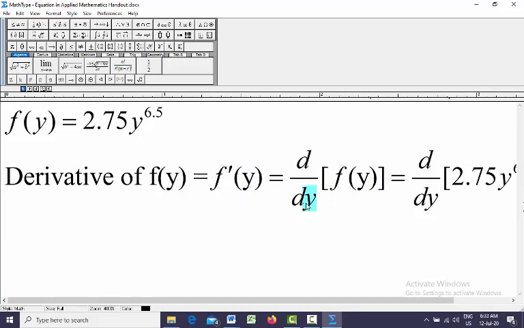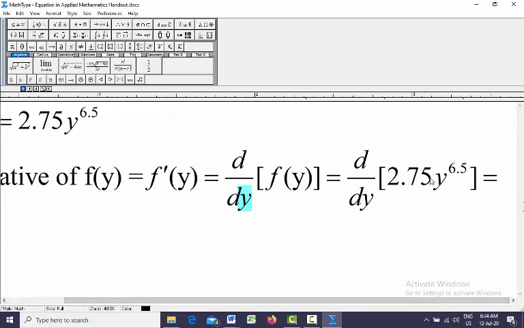So we need to do differentiation of the function with respect to y, and the function is 2.75 multiplied by y to the power 6.5.